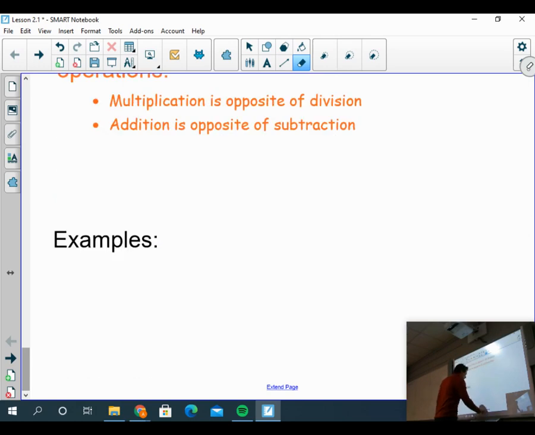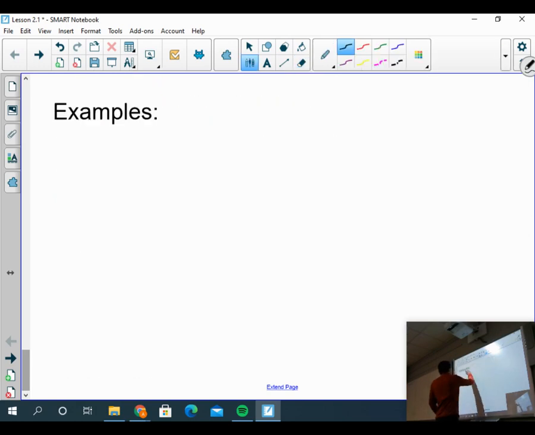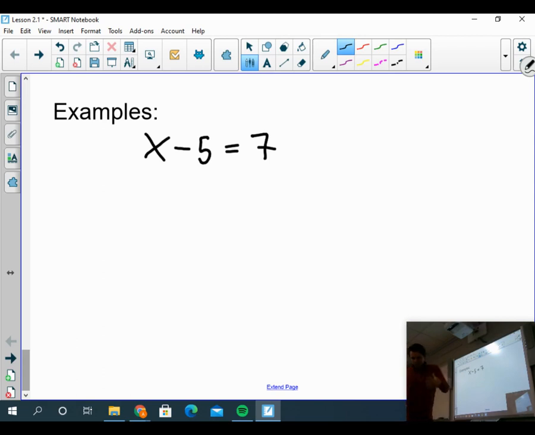Okay, so let's go back to our x minus 5 equals 7 example. How are we going to combine these ideas we've thrown around? Well, I want to figure out what x is. And I know that I need to get x by itself, because if I get x by itself, then it'll just say what the value for x is.